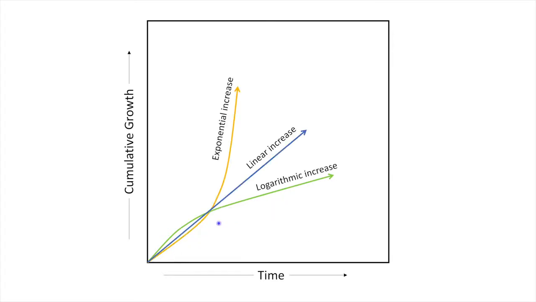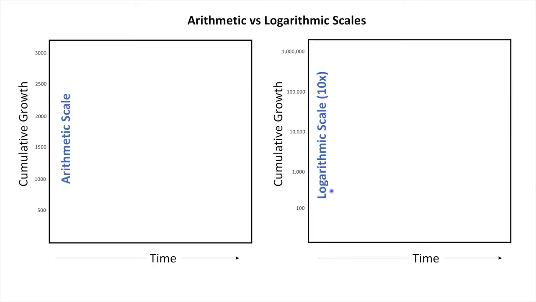So here we can see these comparisons of these 3 different growth rates and how they influence our cumulative growth. So exponential growth, linear growth, and a logarithmic increase here. The next thing we're going to do is we're going to look at scales. So we're going to first compare arithmetic scales with logarithmic scales.